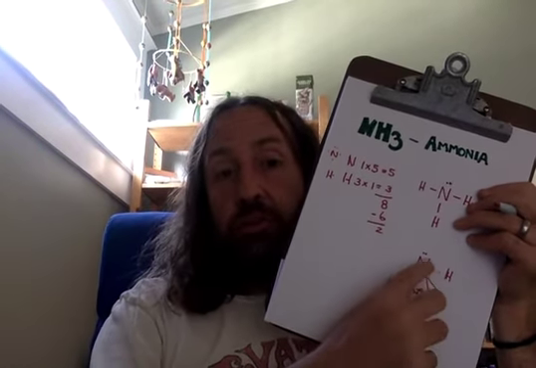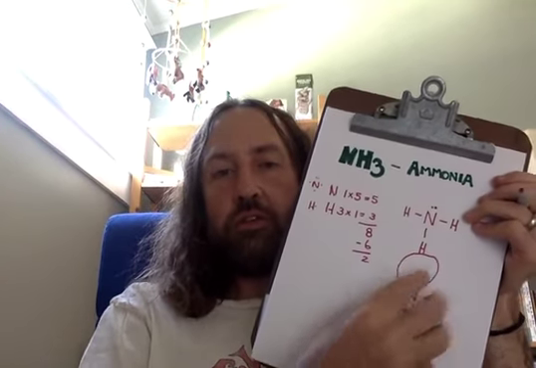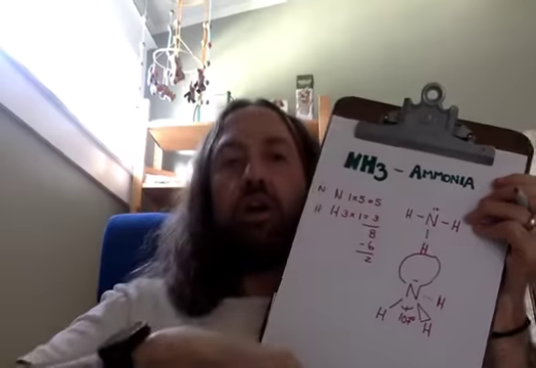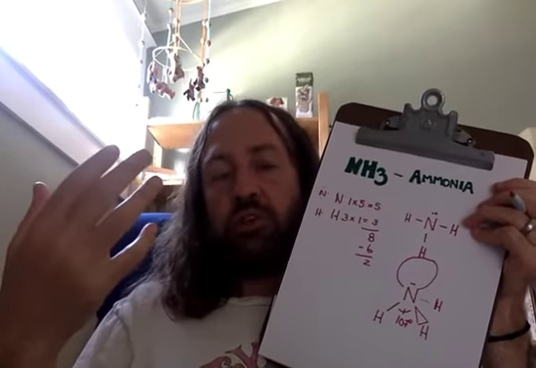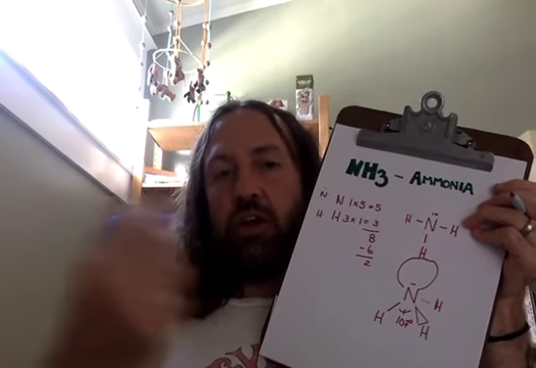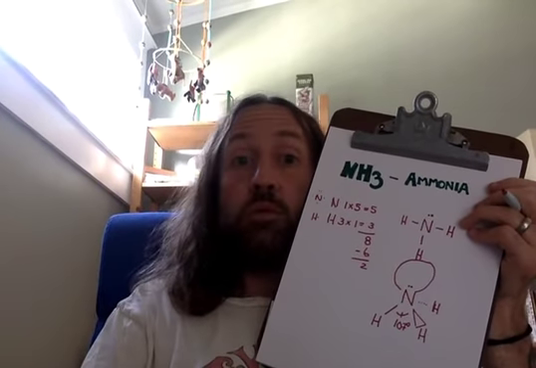What actually happens is that the unshared pair squeezes the shape down a little bit, because it has this big field here, and it goes like that. If you have 4 of the same thing, it flexes out to a normal tetrahedron at 109.5. If you have this, it flexes down to 107, and wait till you see when we do water. We'll see what happens to the next one.